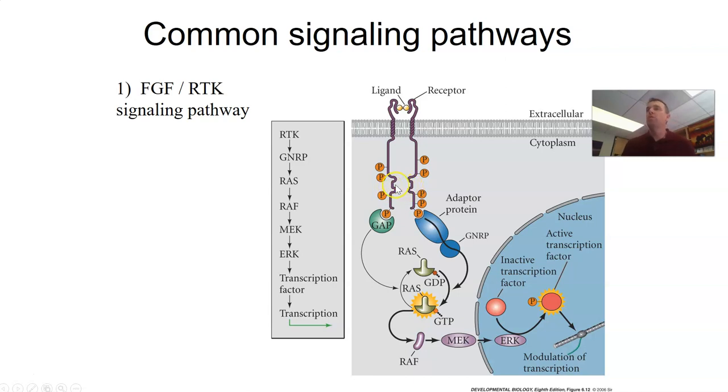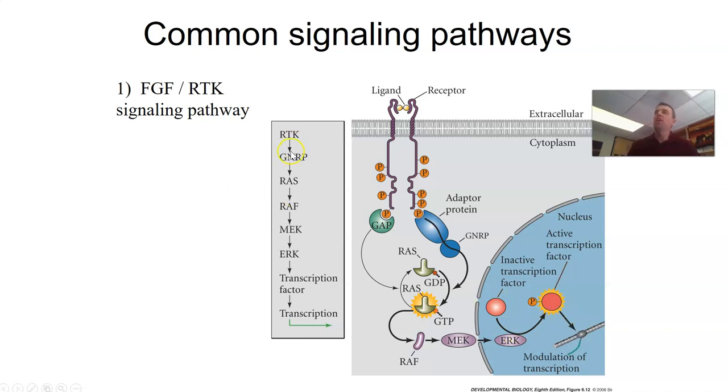The two receptors are dimerizing and phosphorylating each other, and that leads to the adapter protein now binding because it wasn't going to bind without the phosphate group. That leads to activation of RAS GDP to RAS GTP, which then activates RAF, activates MEK, activates ERK, causes a transcription factor to now become active, and now you've altered your gene expression.